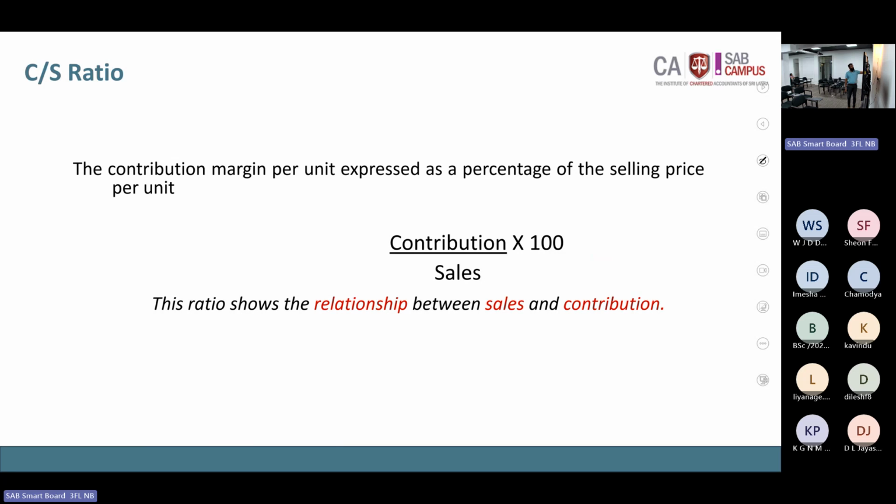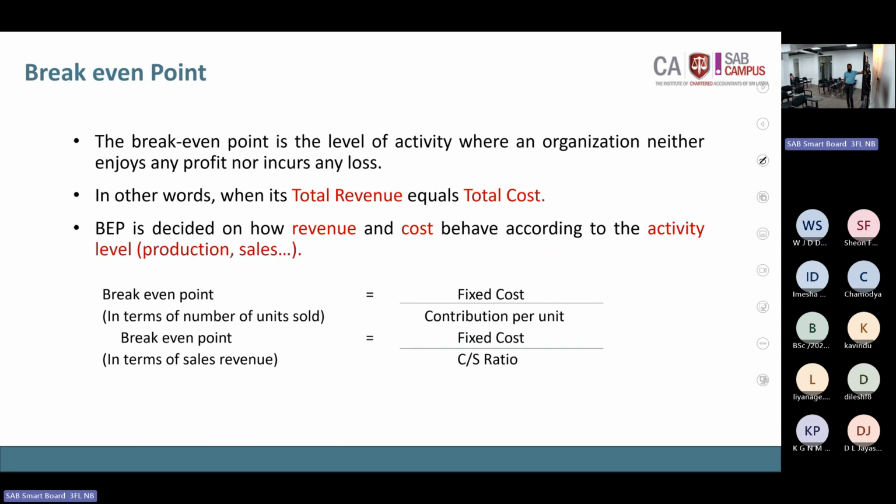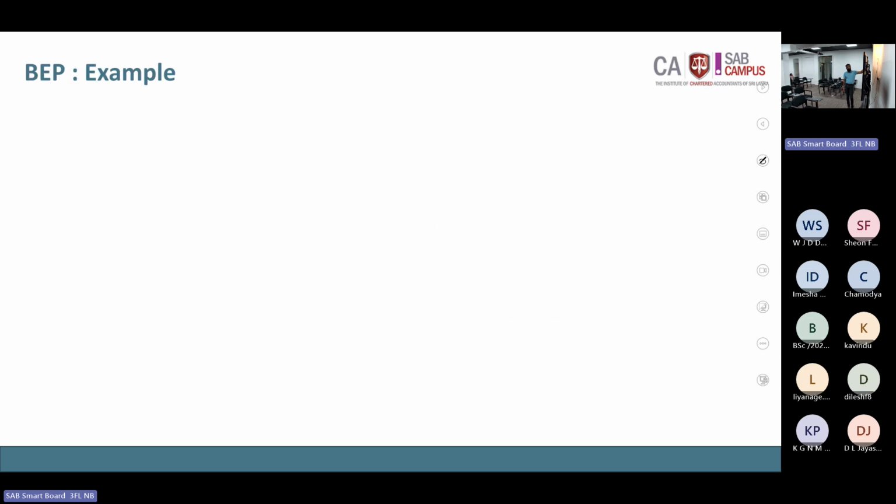And then we have the break-even point formulas. So we have to divide the fixed cost by the contribution per unit, or the fixed cost divided by the CS ratio. We can identify the break-even point in sales. So I will write here all the formulas.